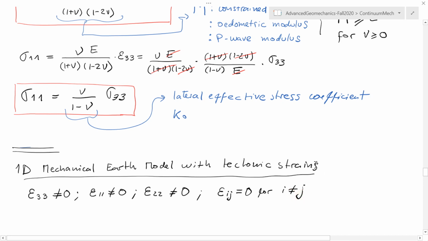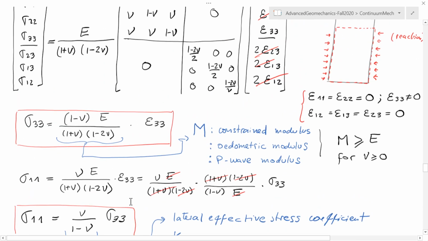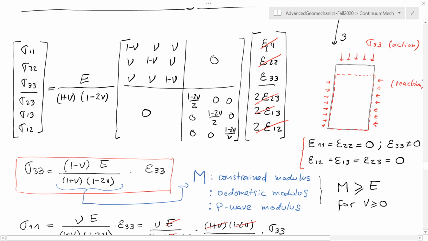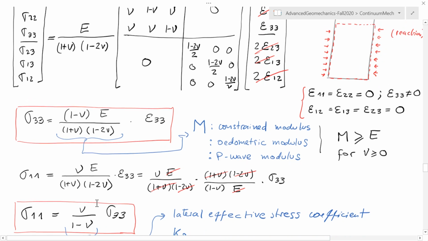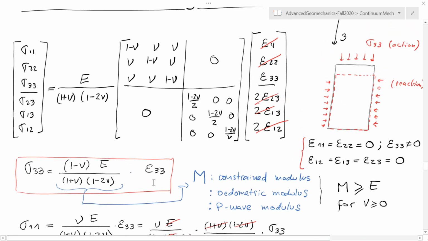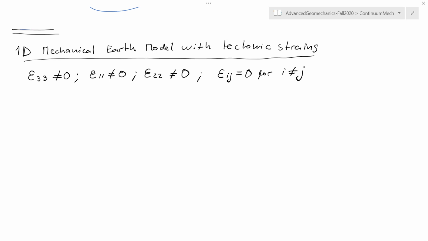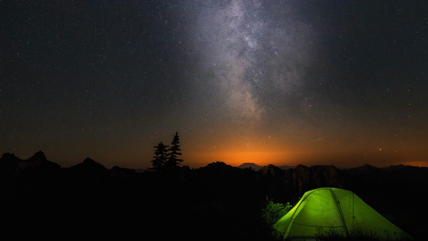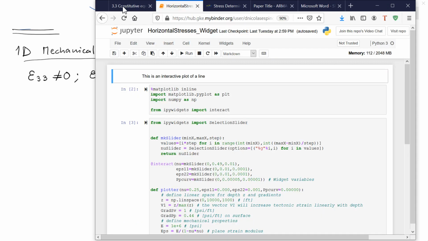If this is the case, I follow the same procedure that I did for these equations, but now if these two are not zero, I obtain equations of sigma 1,1 and sigma 2,2 which are a function of sigma 3,3 through epsilon 3,3, but also a function of epsilon 1,1 and epsilon 2,2. It takes about one page of derivations to do that. We're not going to go through that here, but I'm just going to show the result.